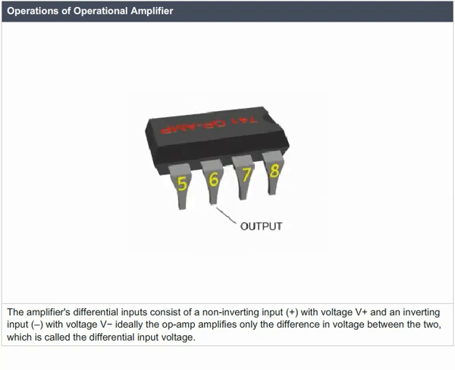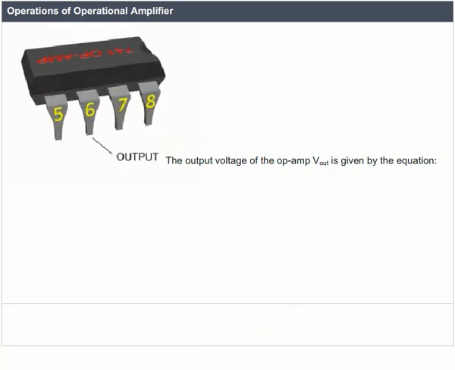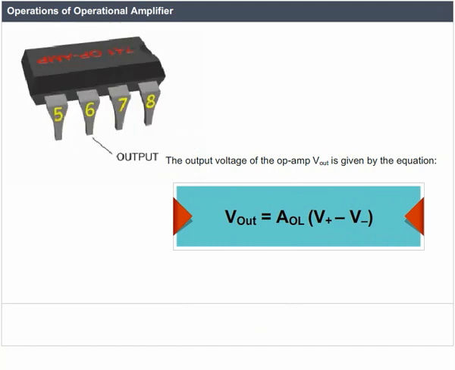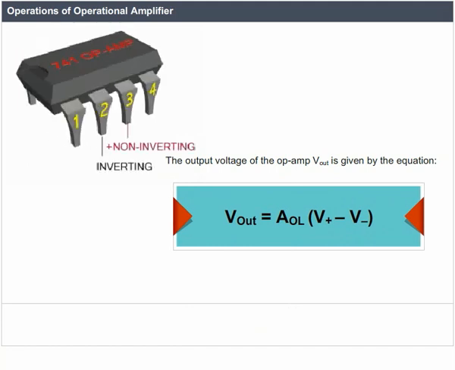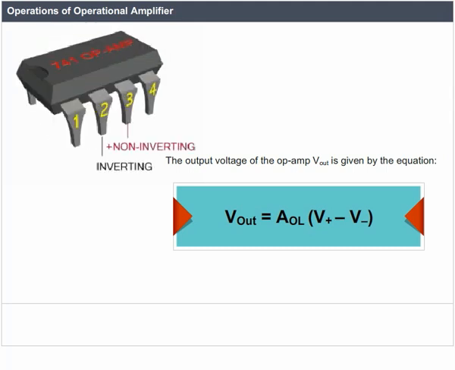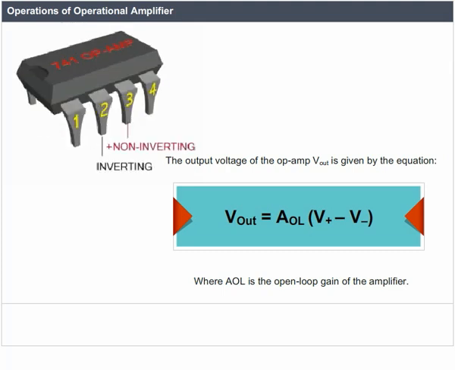The output voltage of the op amp, Vout, is given by the equation Vout = AOL (V+ - V-), where AOL is the open loop gain of the amplifier.